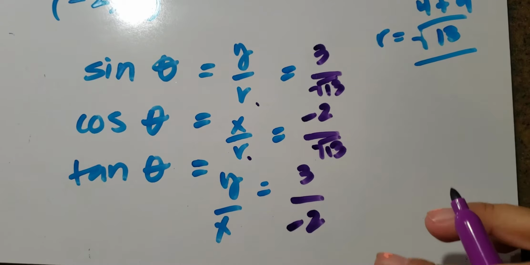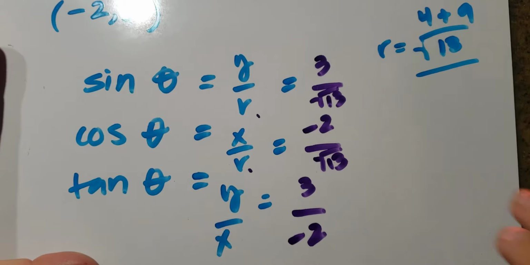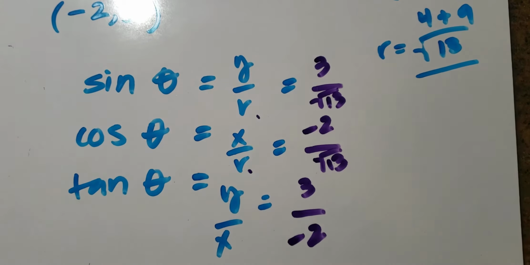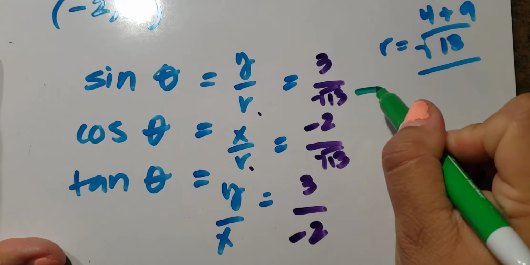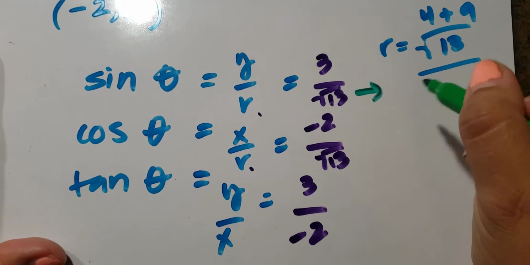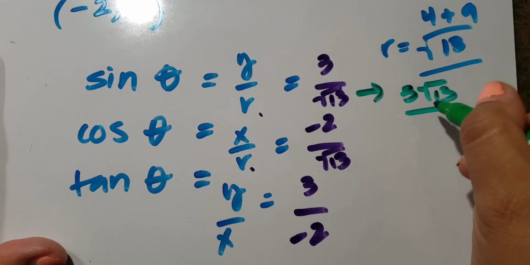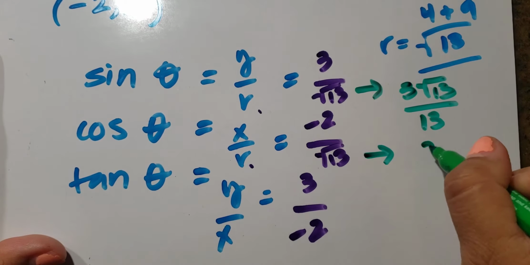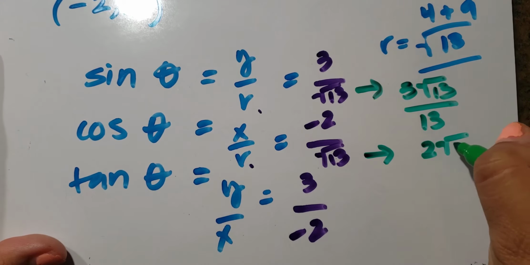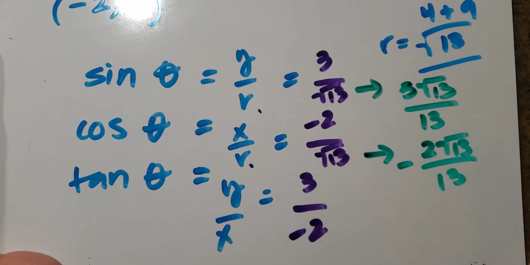Obviously, we can kind of clean this up a bit because you know that we're not allowed to have radicals as denominators. And I've already showed you in the previous videos how to get rid of that. So by now, you should at least know some shortcuts. So what you should get is square root of 13 over 13. This one should be 2 radical 13 over 13, and of course, the fraction is negative, so -2.